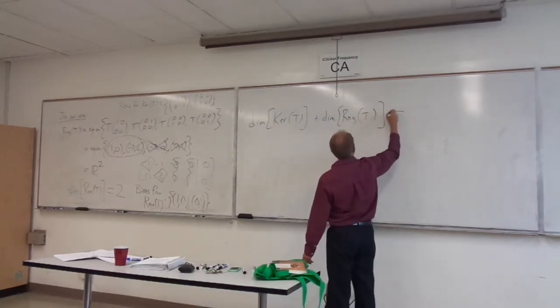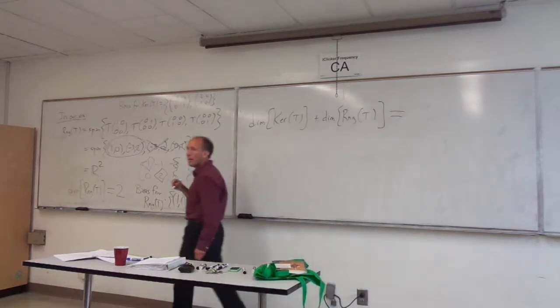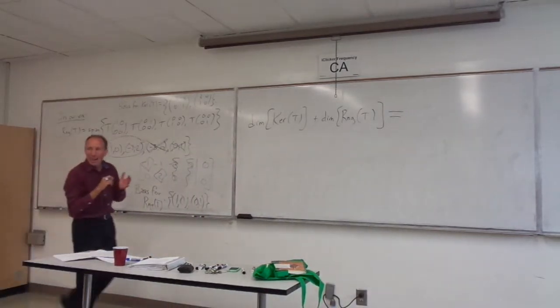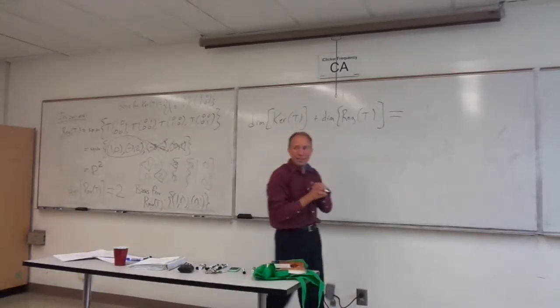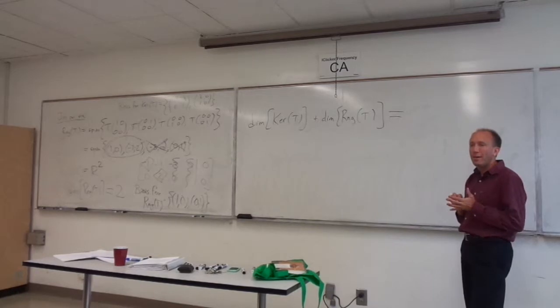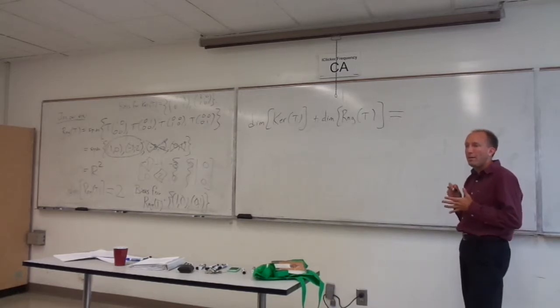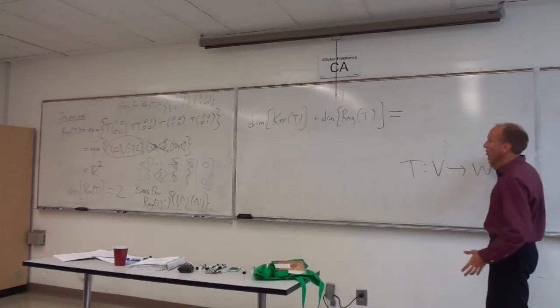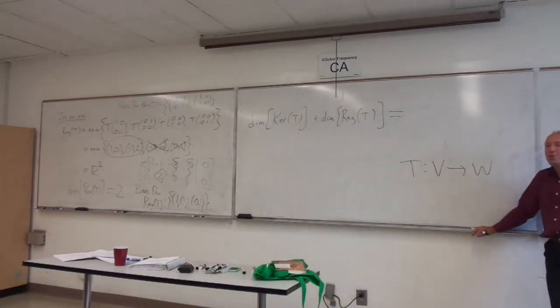Years ago. Does anybody remember what those two numbers are supposed to add up to? Remember the result? What number do they add up to? It's got to be a number. Oh, the number of columns. Okay, if I only give you this, there's no matrix here.